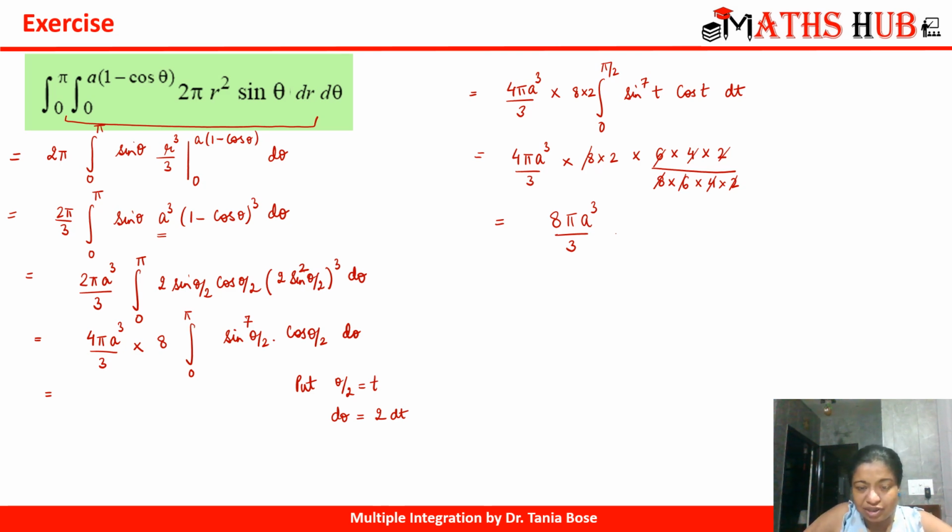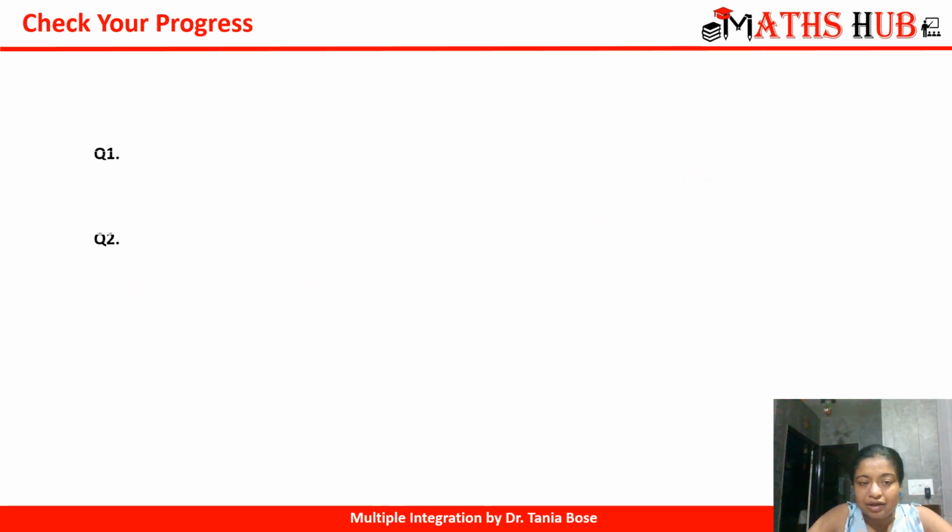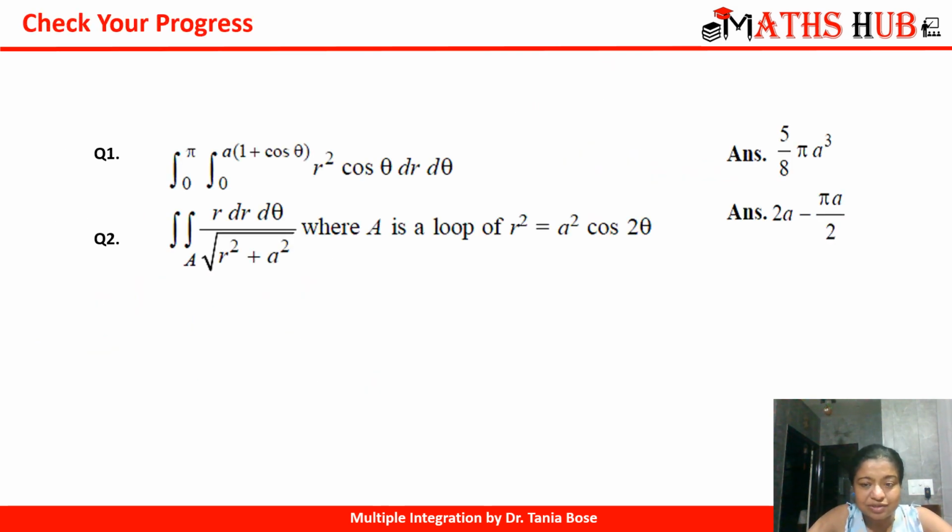So I hope you could understand where the reduction formula is being used. Otherwise, these types of integrals will become difficult to solve. So you can use the reduction formula to simplify it, right? So do try these questions and let me know if you are not able to solve them. And this is the equation of a lemniscate.